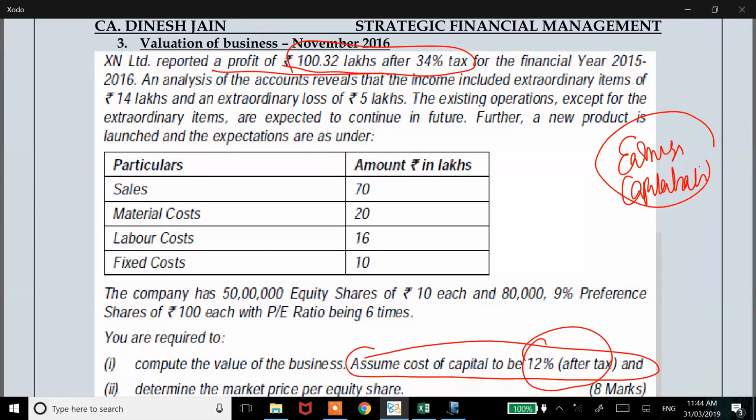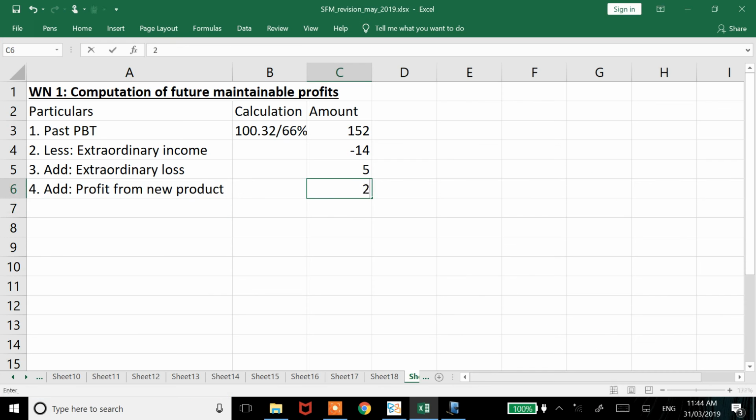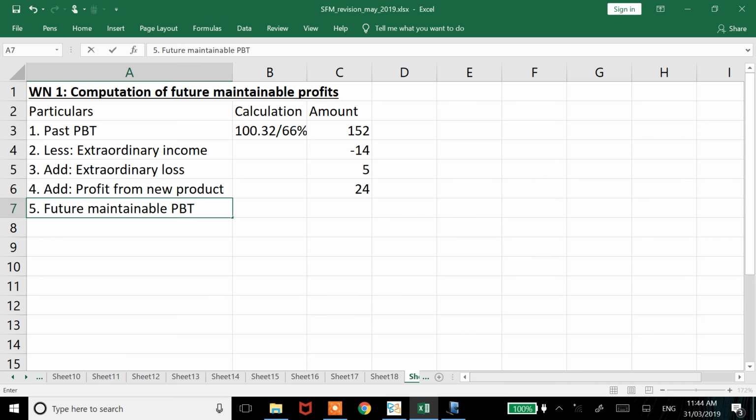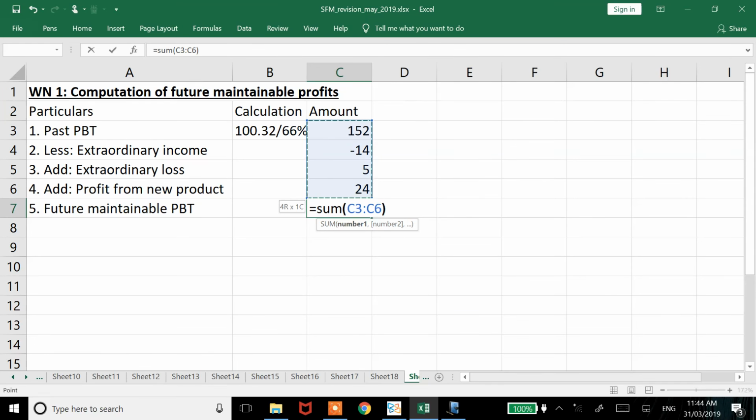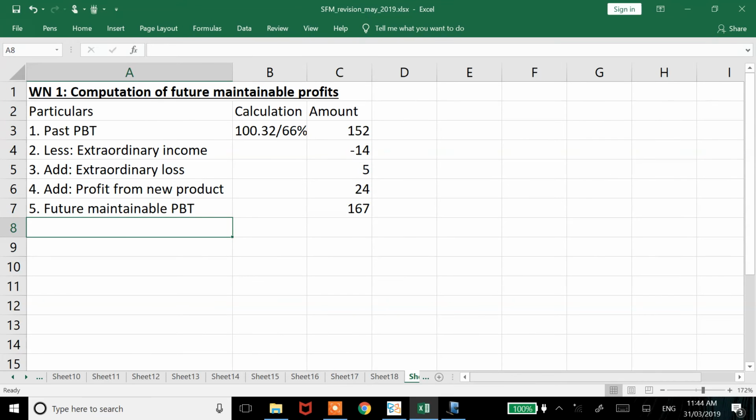Sorry, okay, 24. Then we get future maintainable PBT. This much profit is going to be maintained in future.